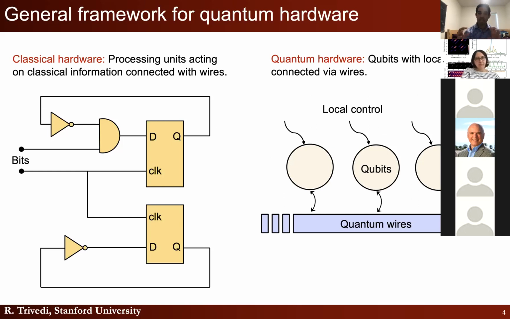But at the same time, you can connect these qubits to what I call a quantum wire, so that you can get these qubits to interact with each other and perform global operations on all of these qubits taken together, and thus build more complicated quantum information processing or quantum technology hardware.